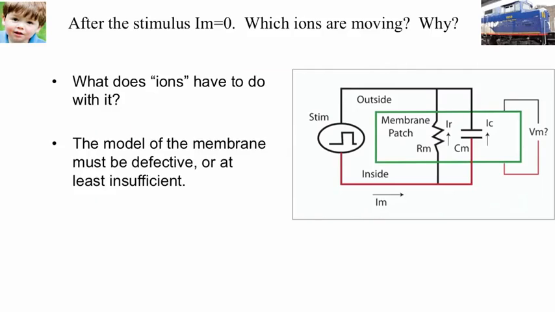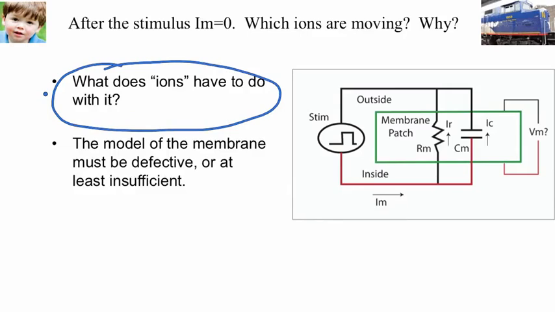So let me throw another little wrinkle into this picture. After the stimulus, the membrane current is equal to 0. So which ions are now moving? Is it sodium? Is it potassium? Is it chloride? How do we decide it's one or the other? Well, it's fair enough to ask. What do ions have to do with it anyway? We've been just talking about electricity as if it's one happy electrical circuit.